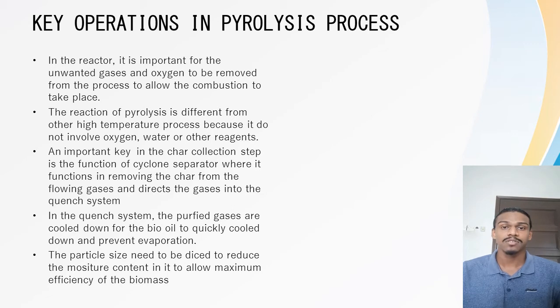If the char is not successfully removed from the raw gases, it may affect the bio-oil composition. Furthermore, the biomass must be smaller in size and have a lower moisture content when newly introduced into the pyrolysis reactor, because it affects the efficiency.